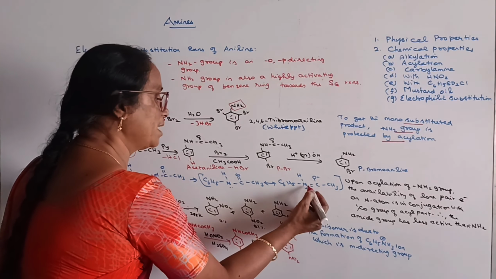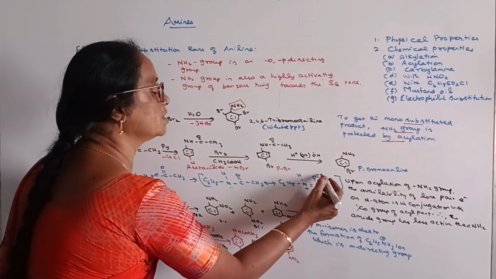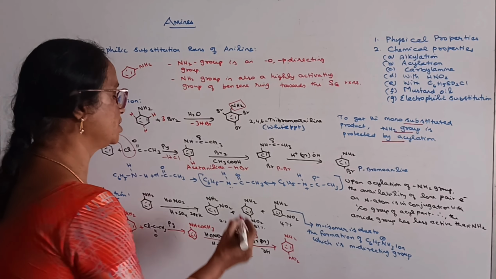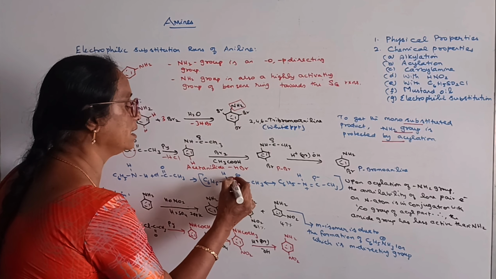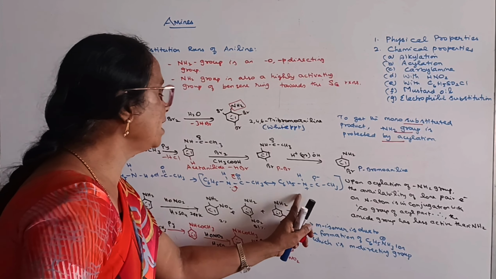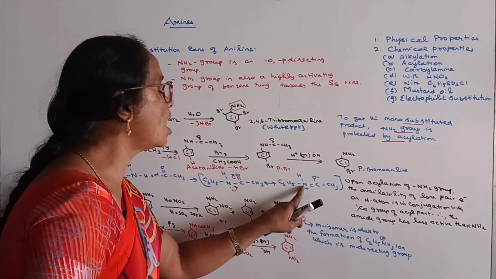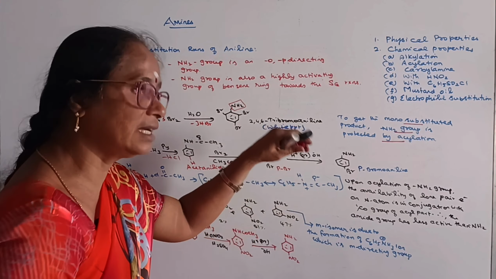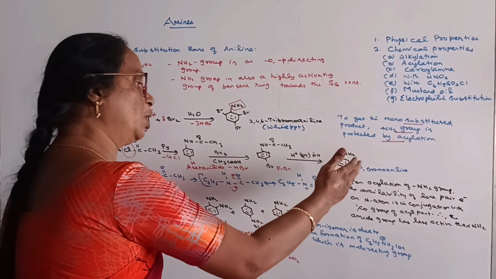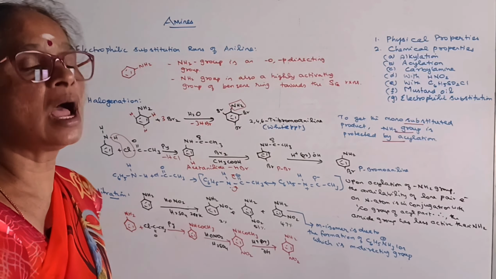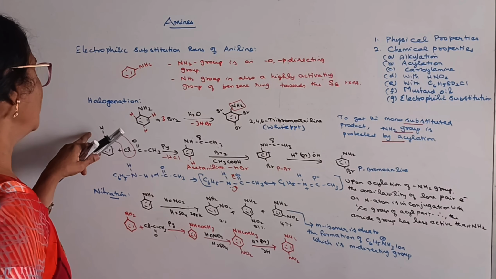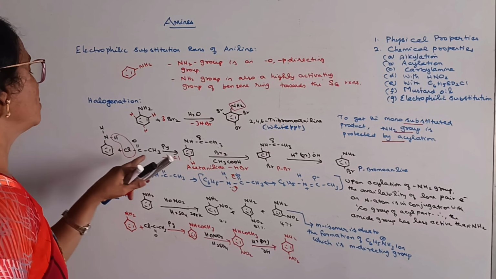That makes nitrogen positively charged and oxygen negatively charged. That's why the availability of the lone pair on the nitrogen atom gets reduced. So the activating effect of the amide group becomes lower than that of the amine group. This is the reason we are able to get the desired product after protection of the amino group by acylation.